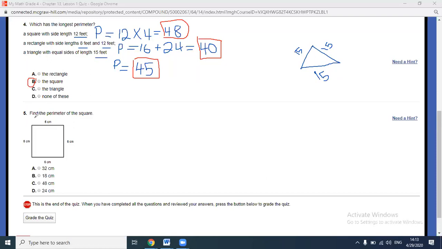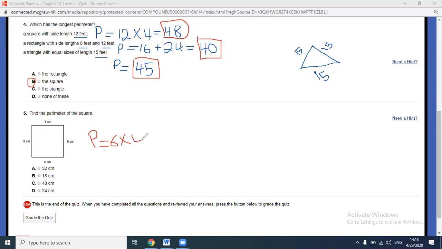Find the perimeter of a square with the side length, as you see, 6 centimeters. Okay, the perimeter of a square equals what, Muhammad? Side length, which is 6 times by 4. Or I can add, or find the total distance around the figure.